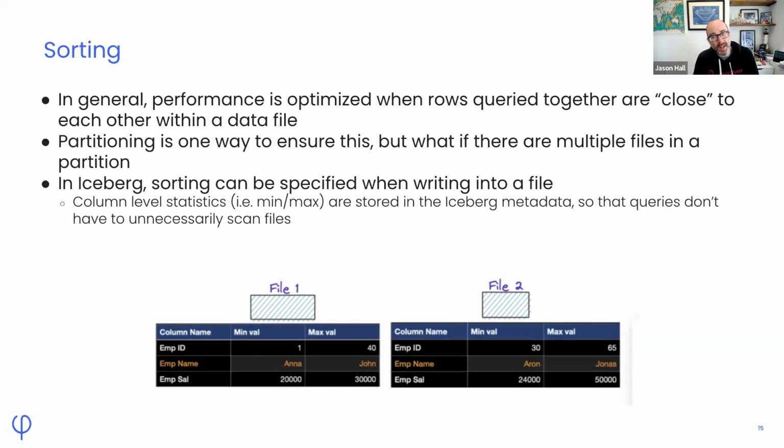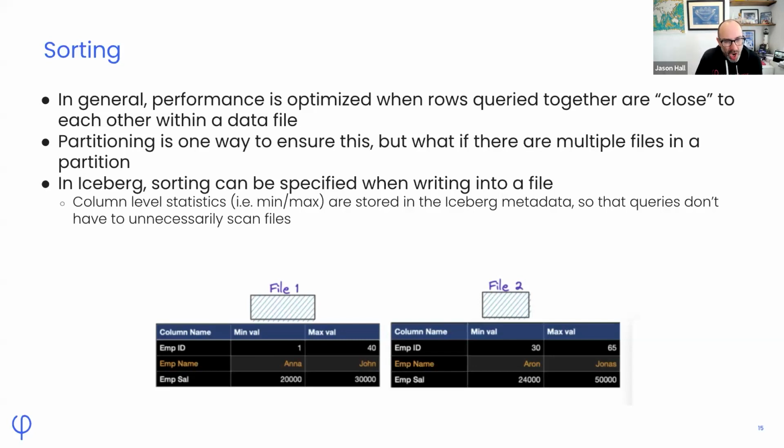Sorting, though, is another way to ensure that data queried together is typically found and organized together. Right? And there's an example down at the bottom. I think this also came from a Dremio example. This might actually be from the Iceberg docs. I don't remember specifically, but again, shout out to both.